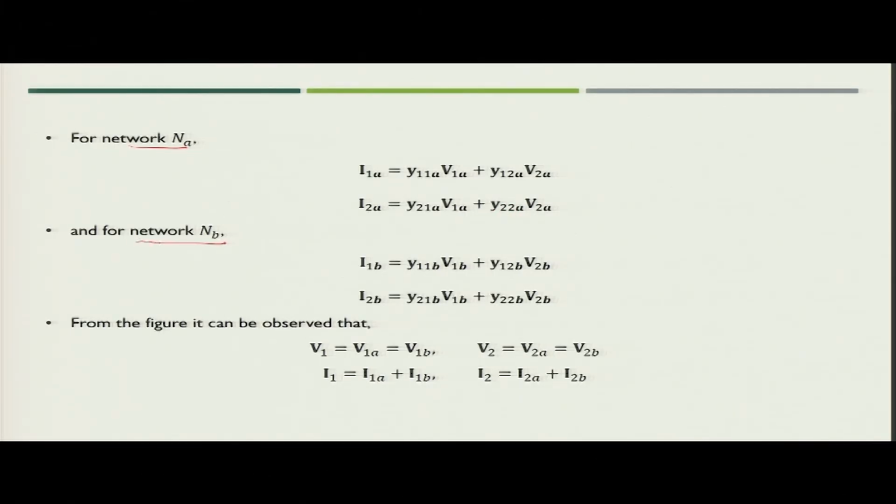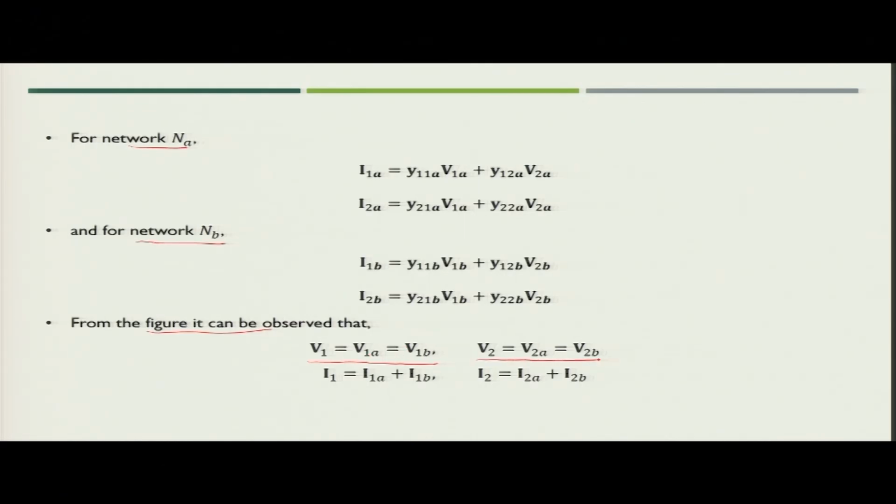Now, for the network B, we can again write the equations in terms of y11B, y12B, y21B and y22B and the voltages V1B and V2B, in the same manner as we wrote for network A. Now, when we see the figure, we can easily observe that since both networks are connected in parallel, V1 is equal to V1A and equal to V1B.